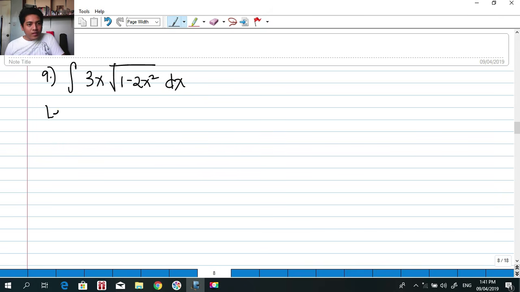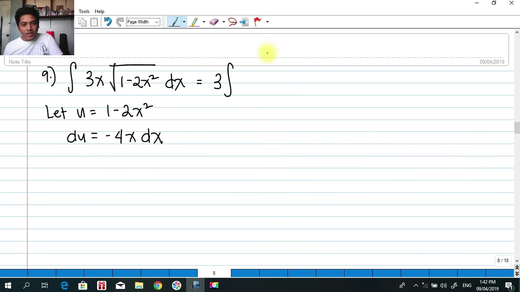So we must let u equal to 1 minus 2x squared. So du will now be negative 4x dx.